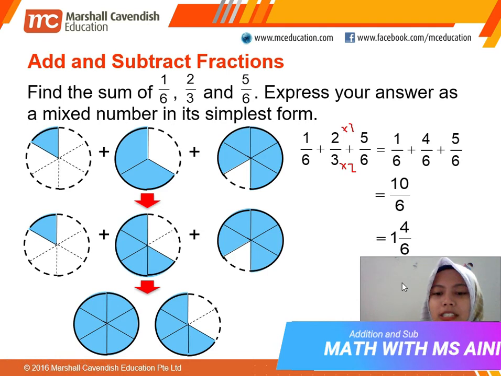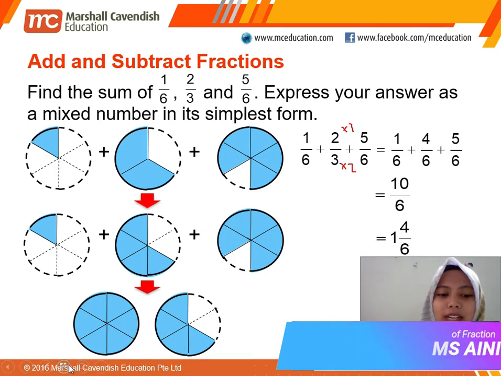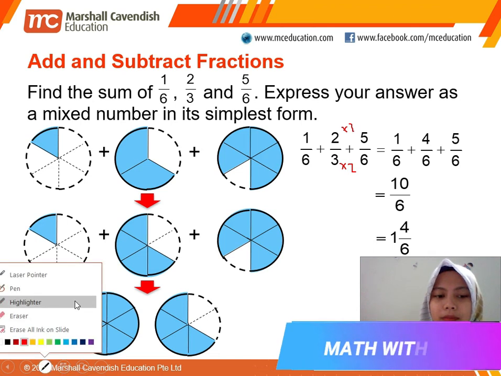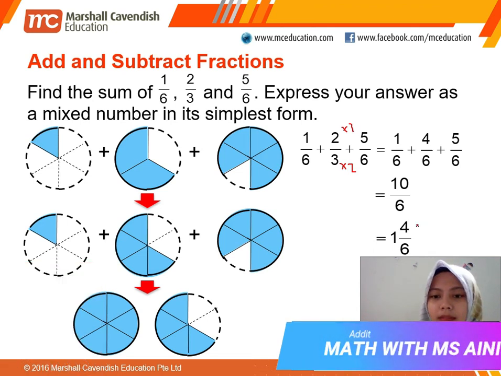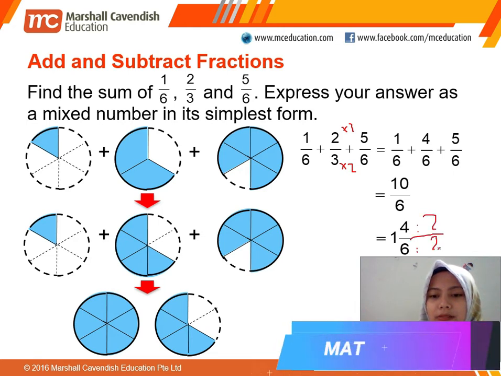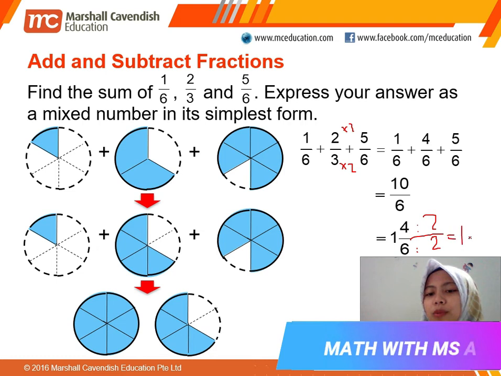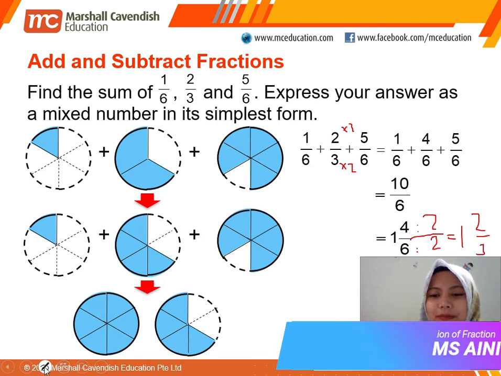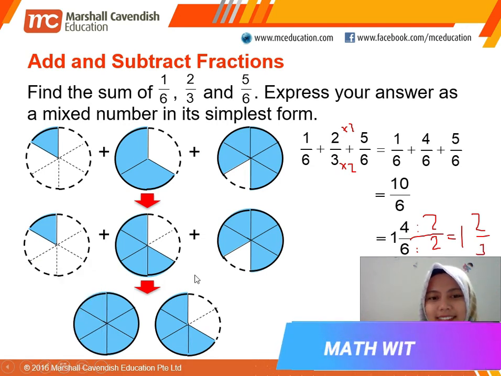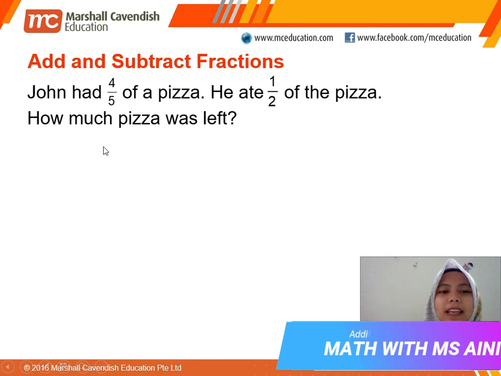And actually this one is not finished, so we need to divide this by 2, and this is divided by 2. So you will get 1 and 2 over 3. Okay, got it?